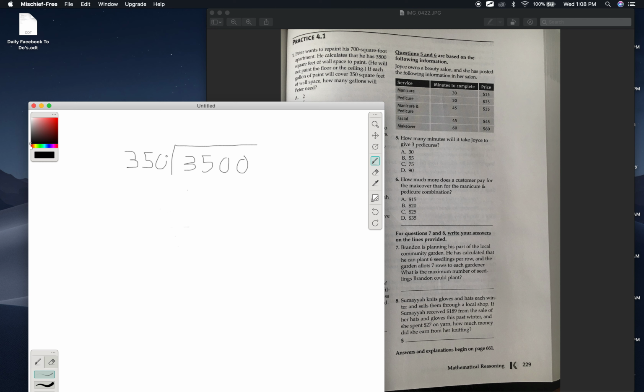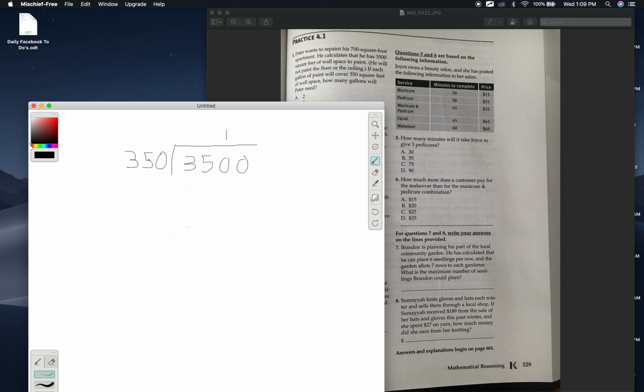So let's go ahead. Does 350 go into 3? No, it doesn't. So we need to bring in the 5. Does 350 go into 35? No. Does 350 go into 350? Yes. How many times? One time.